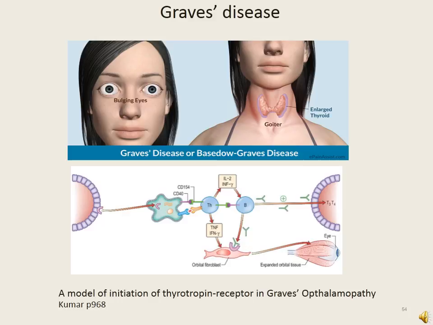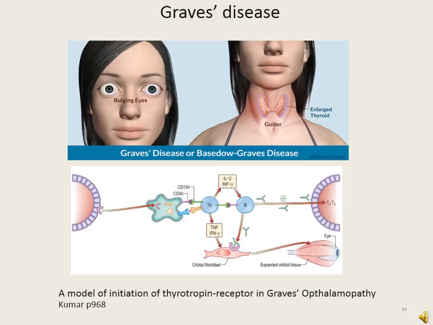This slide shows the figure of hyperthyroidism, Graves' disease. The upper figure shows you that there is enlargement of the thyroid gland or goiter, as well as the bulgy eyes in Graves' disease or hyperthyroidism.